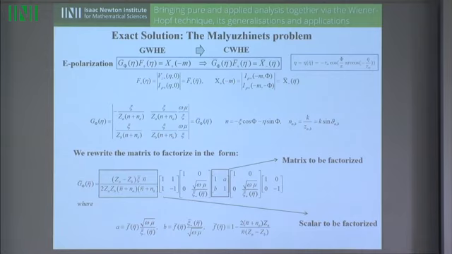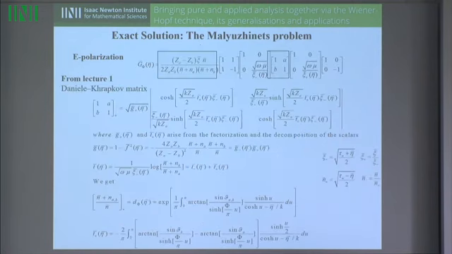So we need to factorize the scalar and the matrix in particular. The matrix is of Daniele-Khrapkov form, so here I have reported the factorization, and the scalar can be factorized using this formula and this formula, and here are other scalar terms that have been factorized and shown even before.